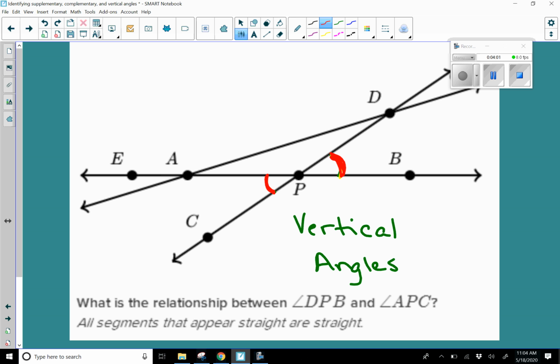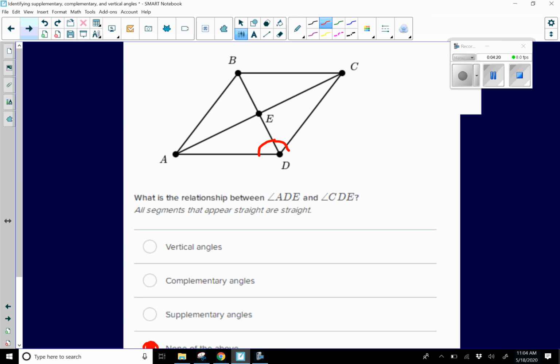They are not adjacent. They're not next to each other. So that makes these vertical angles. Another way I try to explain it is it kind of looks like a crooked hourglass once you put your angle lines in. So if it kind of looks like that crooked hourglass, that's when you know that you have vertical angles.